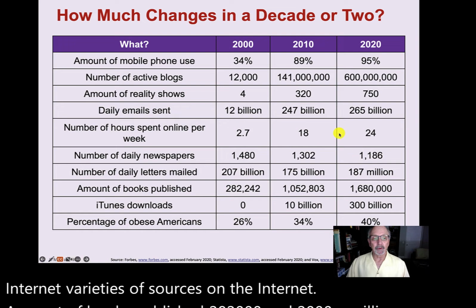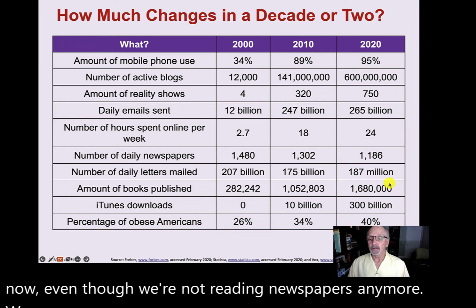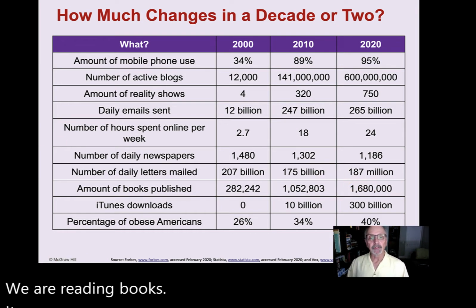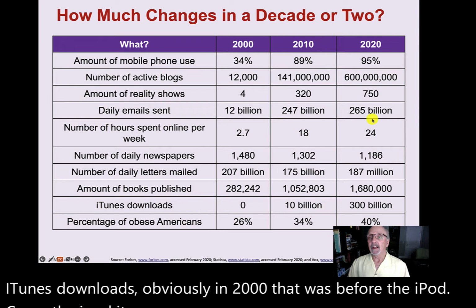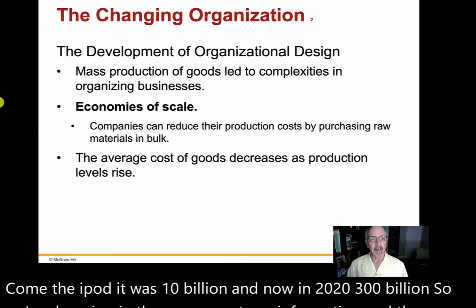Now, even though we're not reading newspapers anymore, we are reading books. iTunes downloads. Obviously, in 2000, that was before the iPod. Come the iPod, it was 10 billion, and now in 2020, 300 billion. So we're changing in the way we get our information and the way we get our entertainment.